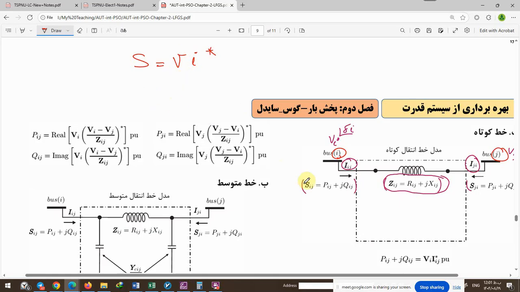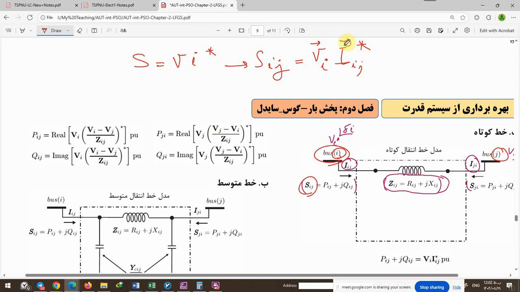When you want to find S I to J, it is VI multiplied by I conjugate, or better to write IJ conjugate.